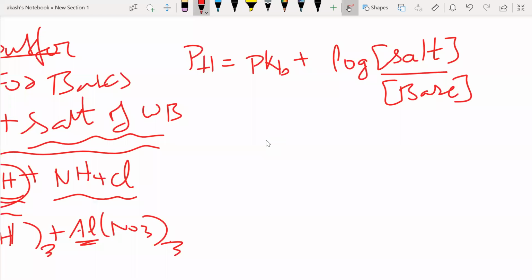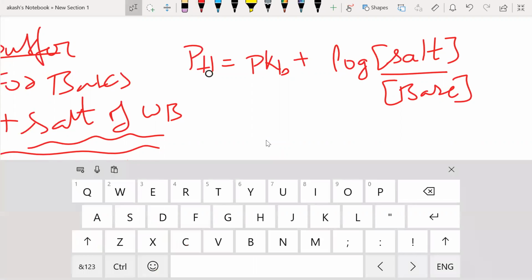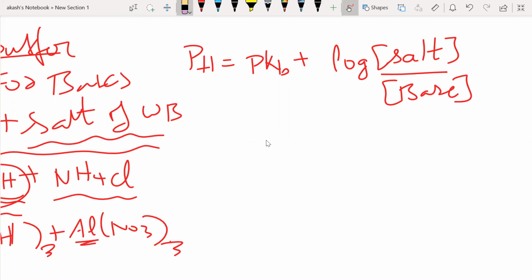Oh wait, it's not pH, guys. Since we're talking about basic buffer, I'm really sorry. This is going to be pOH, since you're talking about basic buffer. Sorry.